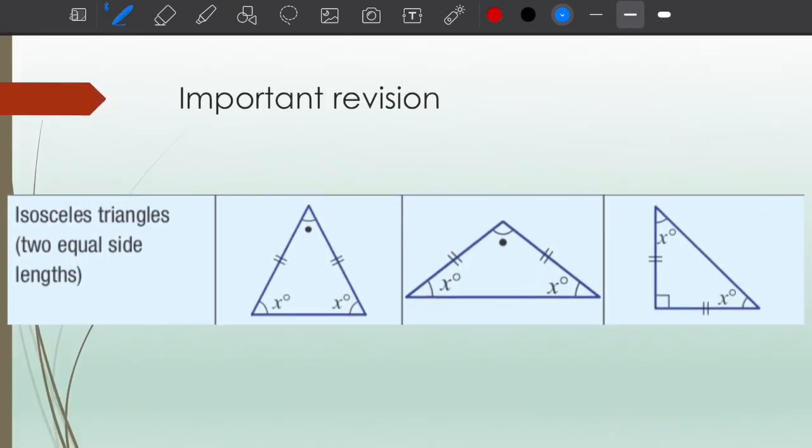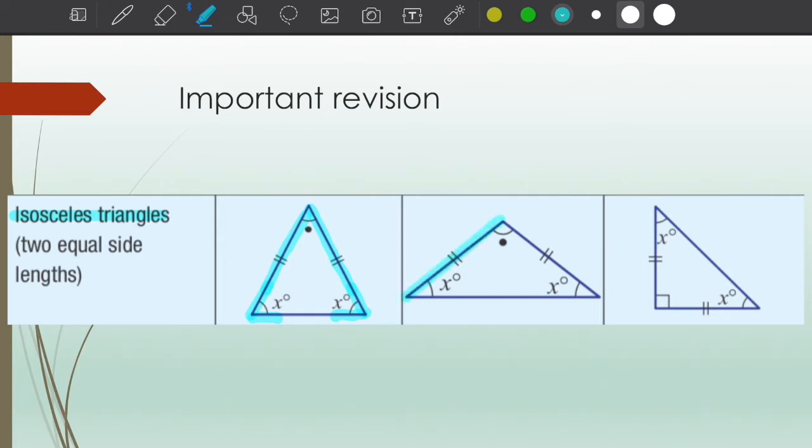This is something I want you guys to take note of before we dive into what some questions are going to look like from this topic. The properties of an isosceles triangle are going to be very useful to us in this lesson. And what we need to remember about an isosceles triangle is that these two angles here at the bottom are the same, and we've got two sides here that are the same.